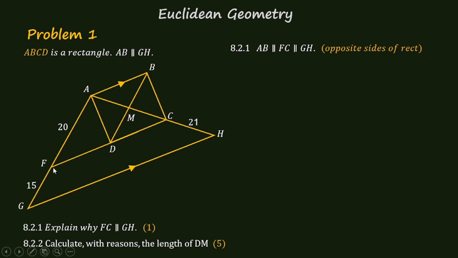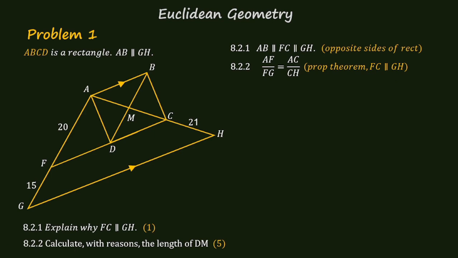Remember, if you have FC parallel to GH in triangle AGH, you can express the sides of this triangle as equal ratios. So we can write AF over FC equals AC over CH. That is the proportion theorem because FC is parallel to GH.